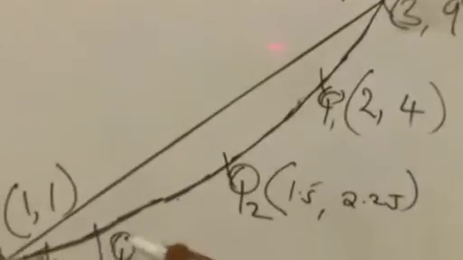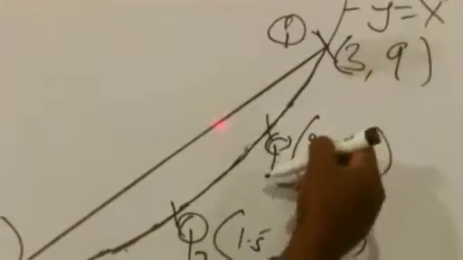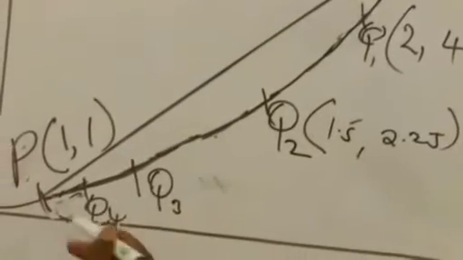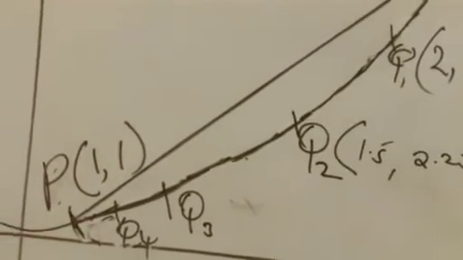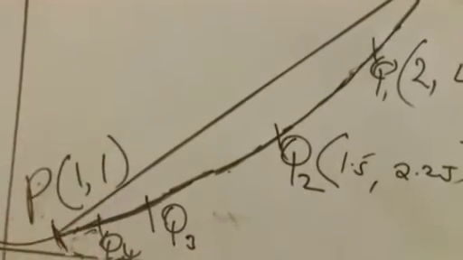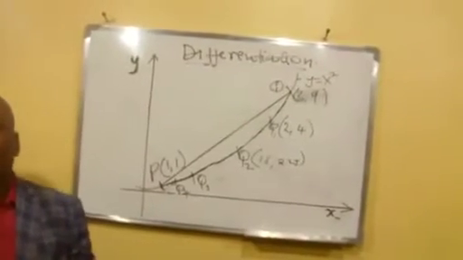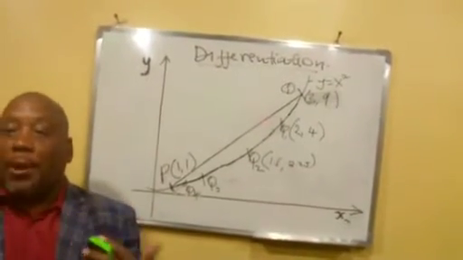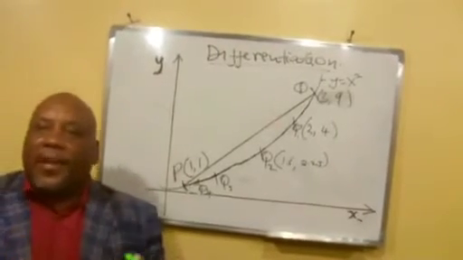As you are coming closer, you are introducing points that are moving from Q: Q1, Q2, Q3 and Q4, which come very close to our P. So I'm going to draw a table, which will show the points and also the change and the gradient.